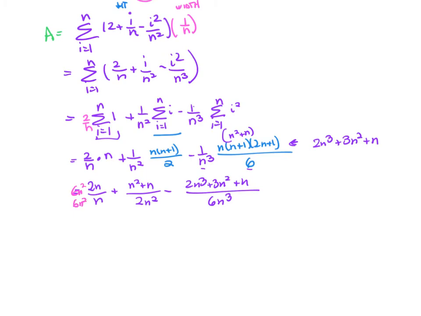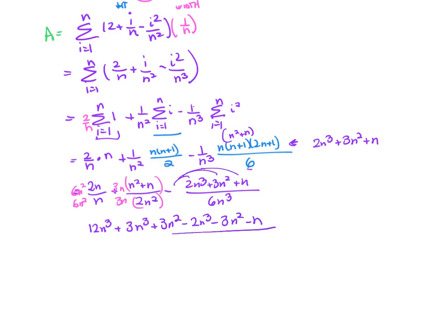And then to the second term, I'm going to multiply 3n. And the last one stays the same. So now this is 12n cubed plus 3n cubed plus 3n squared. And then minus, I'm going to distribute this negative. Be careful. Minus 2n cubed minus 3n squared minus n all over 6n cubed.